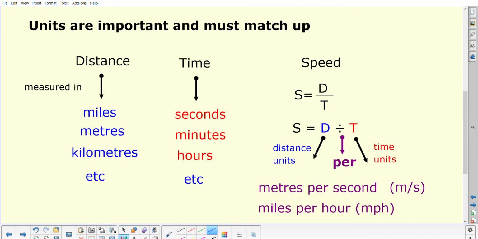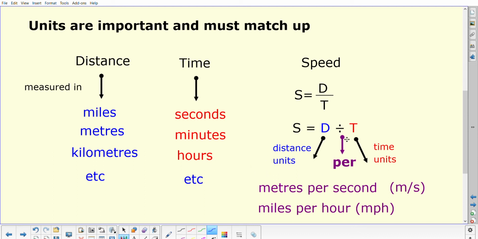The speed units that we need you to think about are, because the formula for speed is distance divided by time, which can be written like that or like this second line here. The distance units, remember, are things like miles, meters, kilometres.